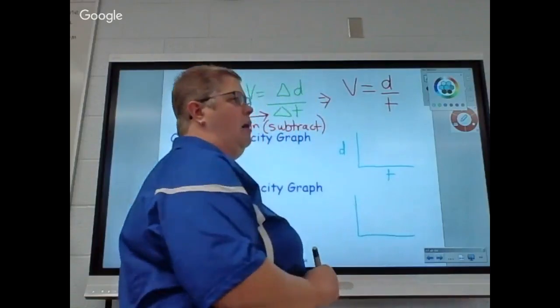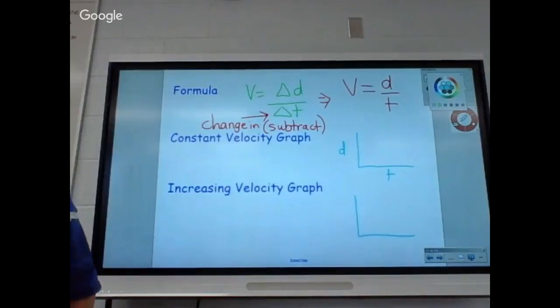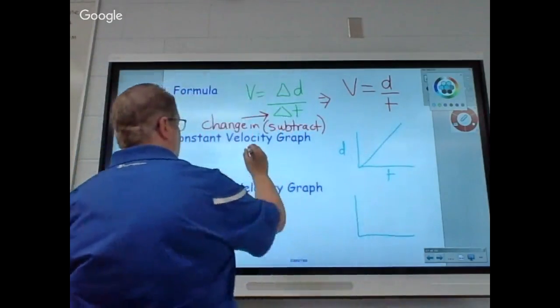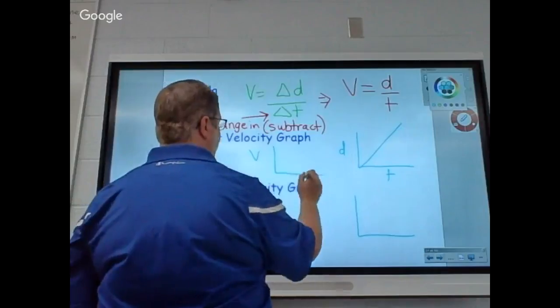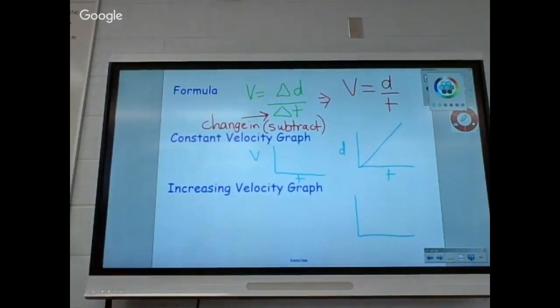So how did we draw constant speed or constant velocity yesterday? Constant is straight. Straight how? Diagonal. Straight and diagonal. Now, we can also draw it with velocity. Now, this is where it gets a little more confusing.